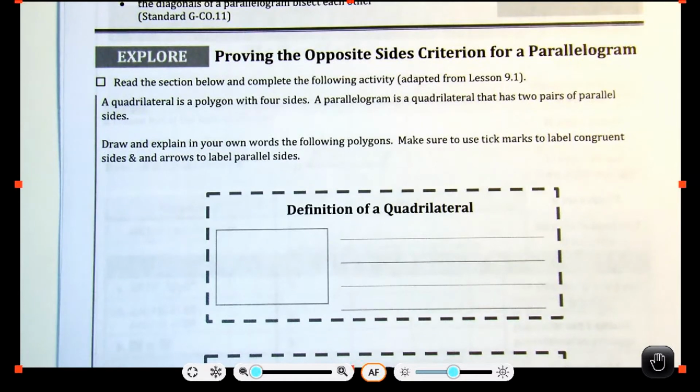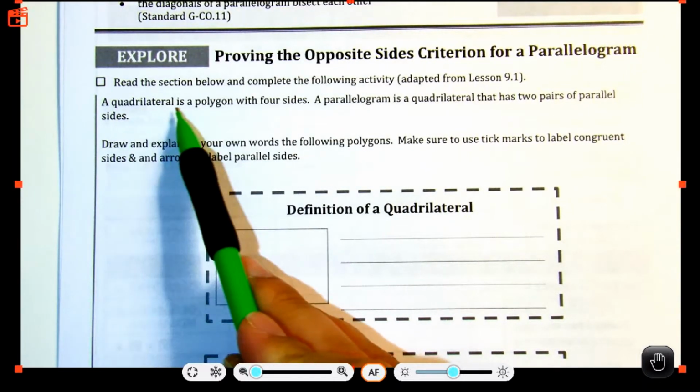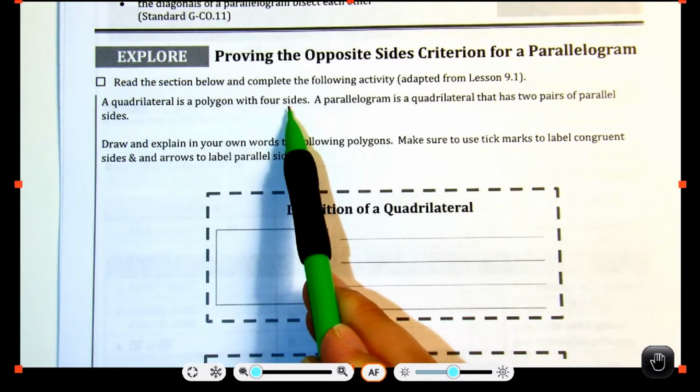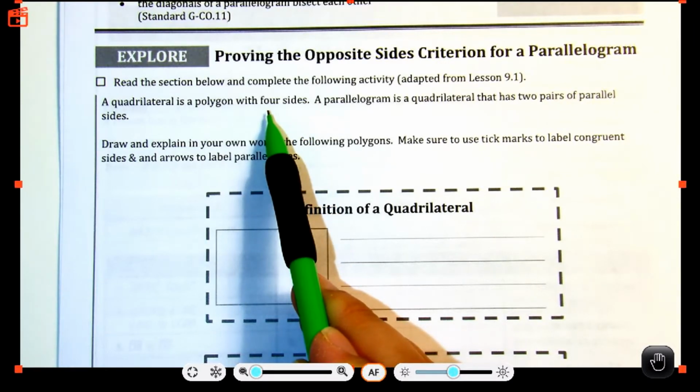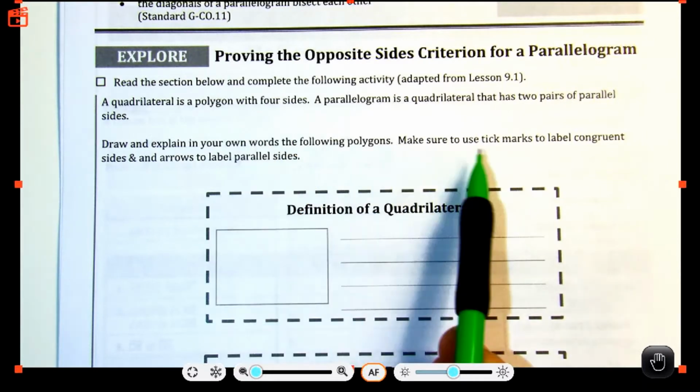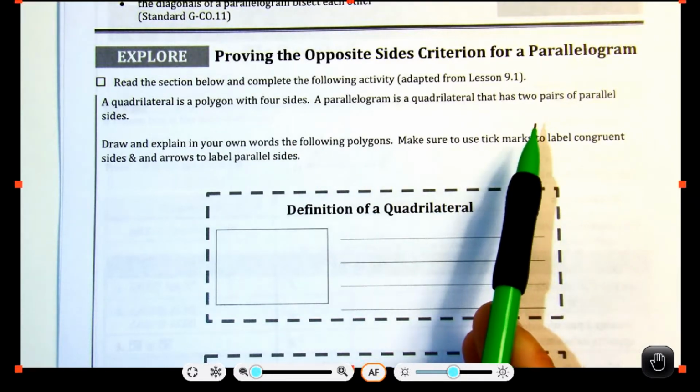So, properties of parallelograms. First, we're going to define what a quadrilateral is, and they tell us above here, a quadrilateral is a polygon with four sides. So as long as you have a four-sided shape, that is called a quadrilateral. And a parallelogram is a quadrilateral that has two pairs of parallel sides.